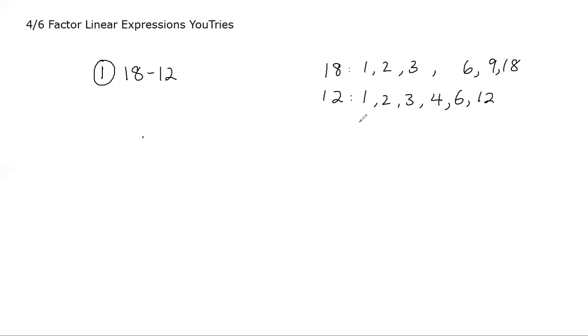So if you start from 1, then you keep going up. But sometimes that takes too long, and that's why I don't really like that way. But we can see here, greatest common factor, 6. Oops, sorry, I meant 6, not 16.